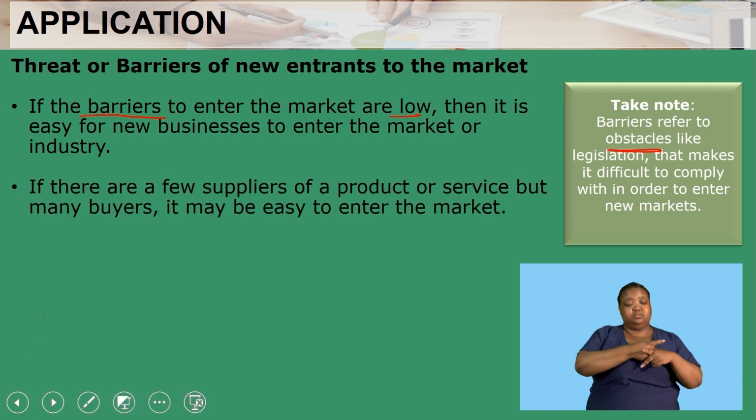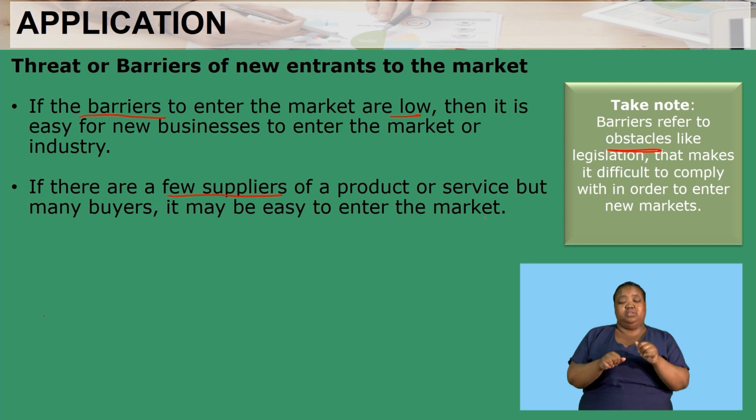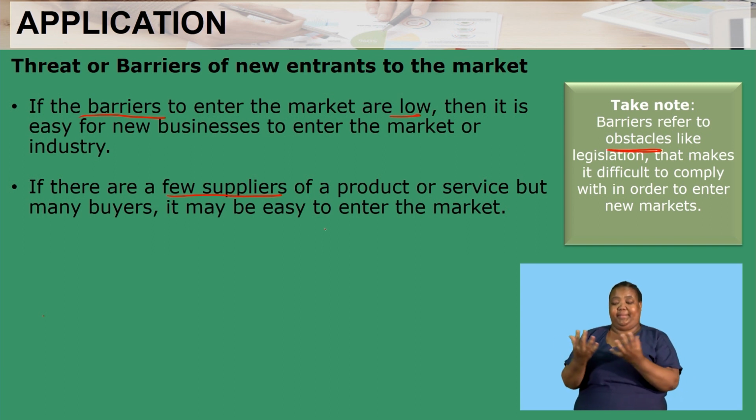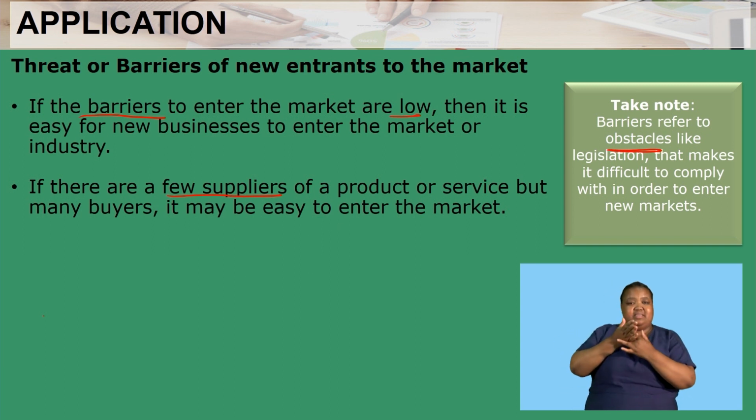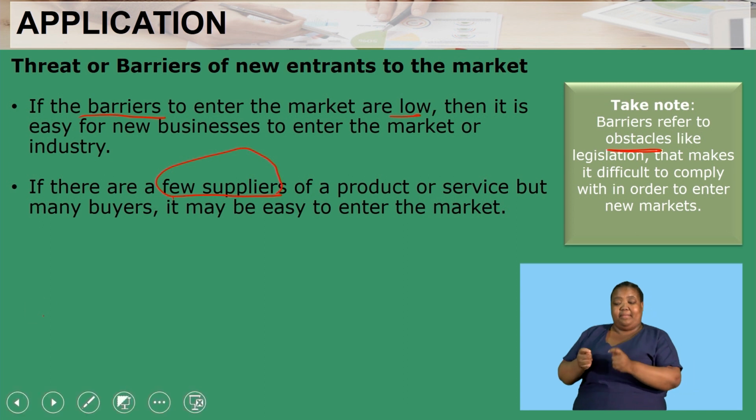Right. If there are few suppliers of a product or service but many buyers, it may be easy to enter the market, because it's a big pie for everyone to eat from. Right.